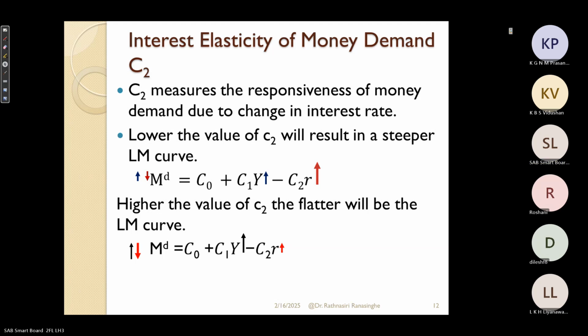The state and some other institutions are there. So that means investment is not highly sensitive to the interest rate. There is a lower interest elasticity of investment. If there's a lower interest elasticity, even though the interest rate decreases, money demand does not react to that. People are not demanding money.